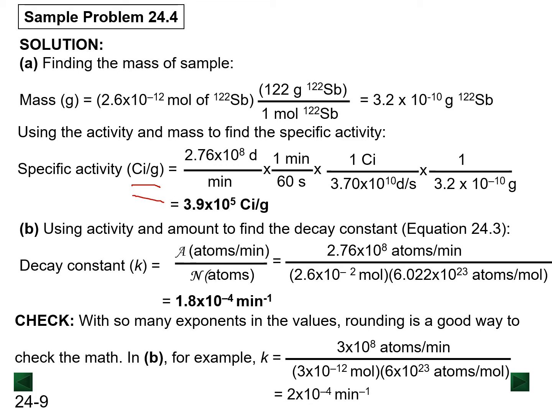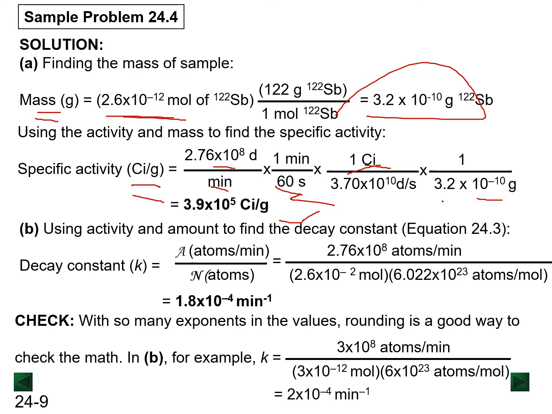First, you need to find the mass of the sample from the moles given. Then you find the specific activity by converting the activity from minutes to seconds, and remember 1 Ci is 3.7 × 10^10 decays per second. So you need to convert to Ci and then divide by mass, and you will get the specific activity of the sample.